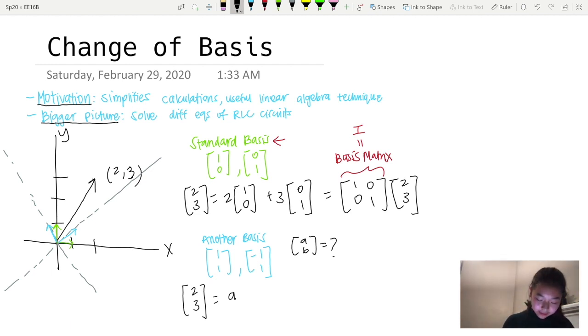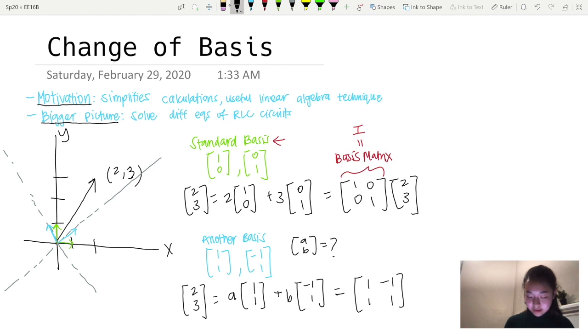We can write it out in the same way with A times the first basis vector plus B times the second basis vector. And same thing, if you rewrite it in matrix vector form, it will result in [[1, -1], [1, 1]] times (A, B) equals (2, 3).